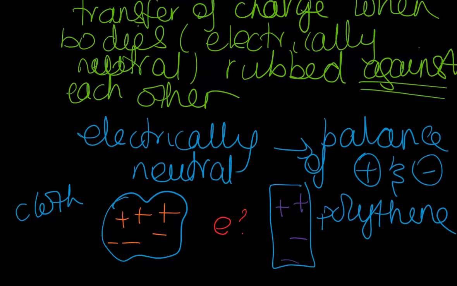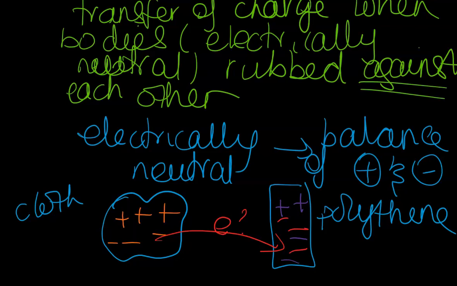That direction comes from the materials. Which one is more electron affinitive? Which one has a greater likelihood of attracting or pulling electrons? If I compare polythene to cloth, polythene is more electron affinitive than cloth, which means that electrons will be transferred from the cloth all the way to the polythene. After the rubbing process has occurred, we can consider friction to be the generation of heat.